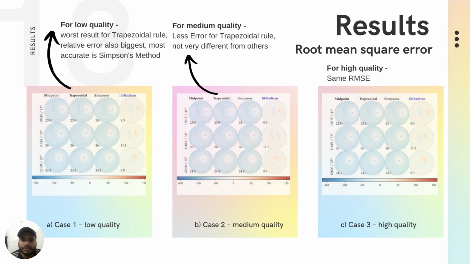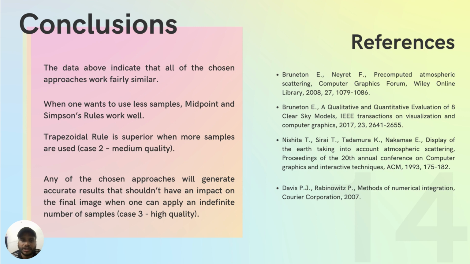So we have discussed all the images they have taken. Now let's come to the conclusion. We have seen that all the methods work very similarly, and when one wants to use fewer samples, like for low quality, the midpoint and Simpson's rules work well, and the trapezoidal rule is superior when we need more samples, or we can say case 2, medium quality, also.